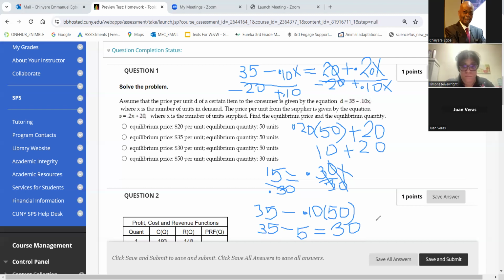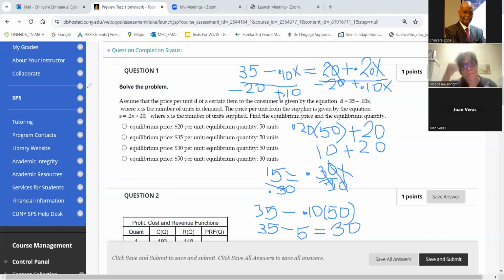And the price, when you look at S and you look at D, both of them give you 30 when you replace x with 50. So the answer is that the equilibrium price is 30 and the equilibrium quantity is 50. The equilibrium price is not 35, so only 30 and 50 are the two corresponding things. At a price of 30, the quantity is 50.